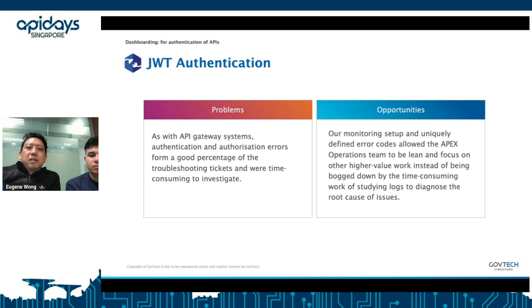So we created our uniquely defined error codes and customized the monitoring setup so that we could help the DevOps team to be able to analyze issues without having to deep dive into log files.